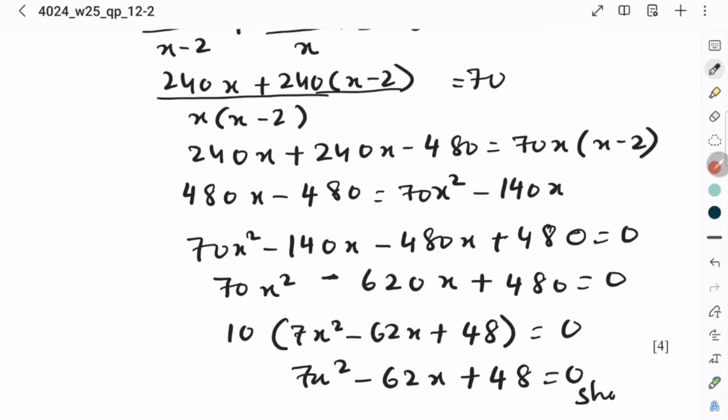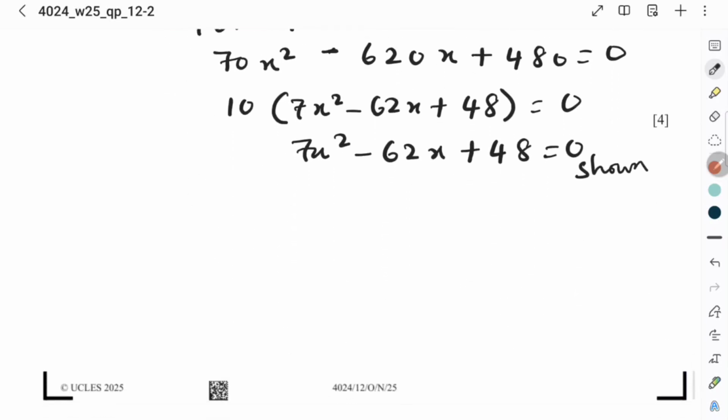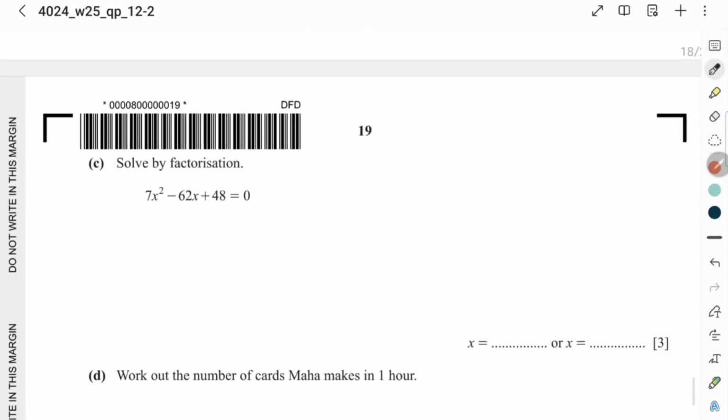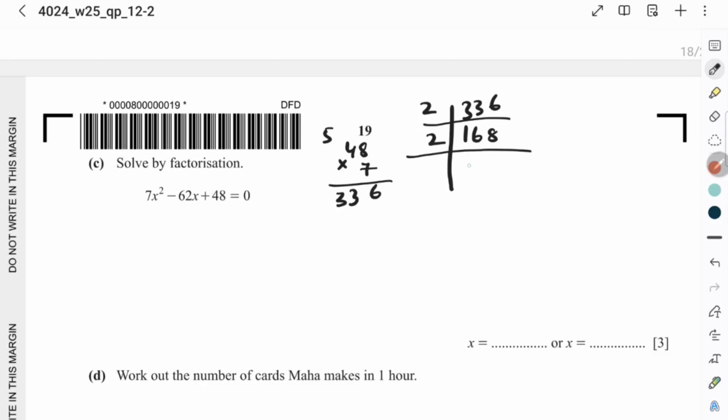That's the same equation which we need to show. Okay. Now the next one, solve this by factorization. So we'll have to find out the factors. Multiply 48 and 7: 7 8s are 56, 7 4s are 28 and 5, 336. Find out factors. 2 times table 168, 84, 42.